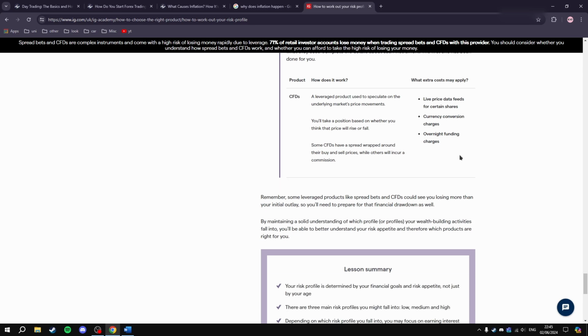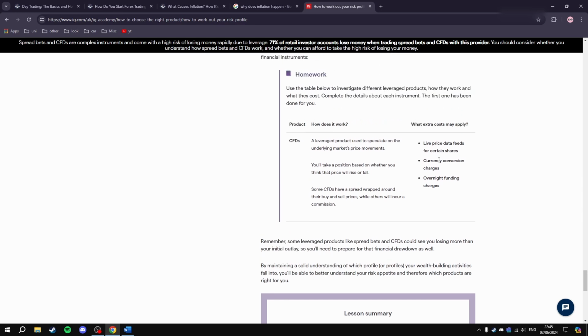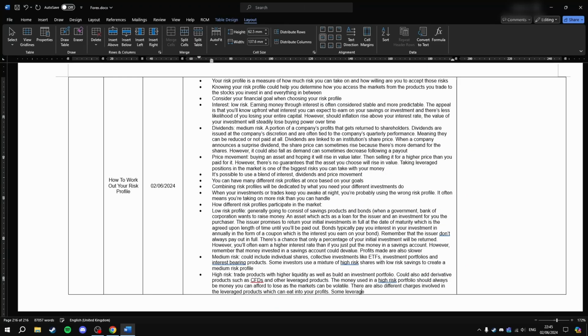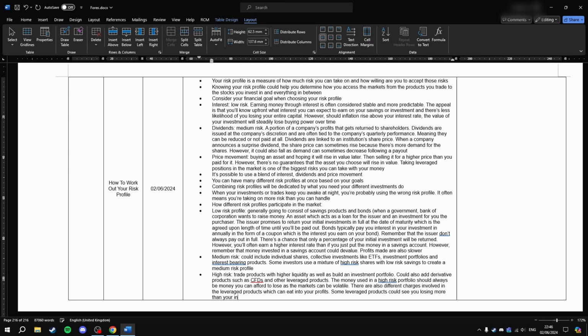Remember, some leverage products like spread bets and CFDs could see you losing more than your initial outlay, so you need to prepare for that financial drawdown as well.